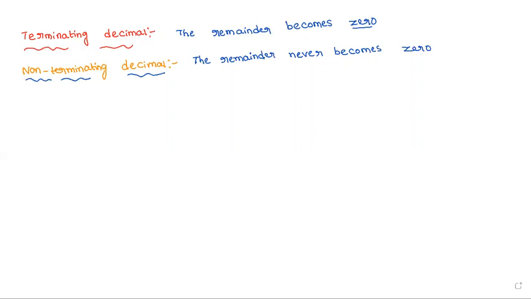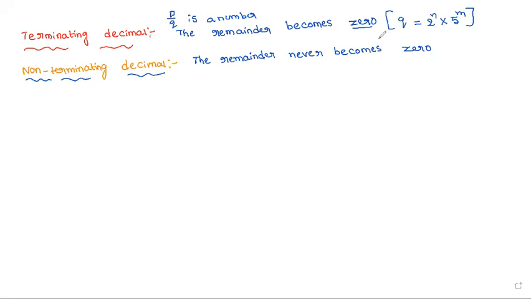So example 5. Same definition as in 10th class also. P by Q is a number. The denominator is of the form 2 power n into 5 power n. If it is a multiple of 2 or 5, or 2 and 5, then it is a terminating decimal.